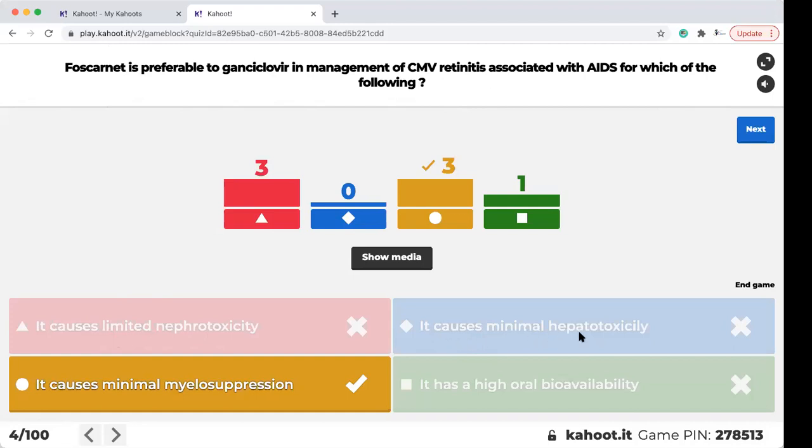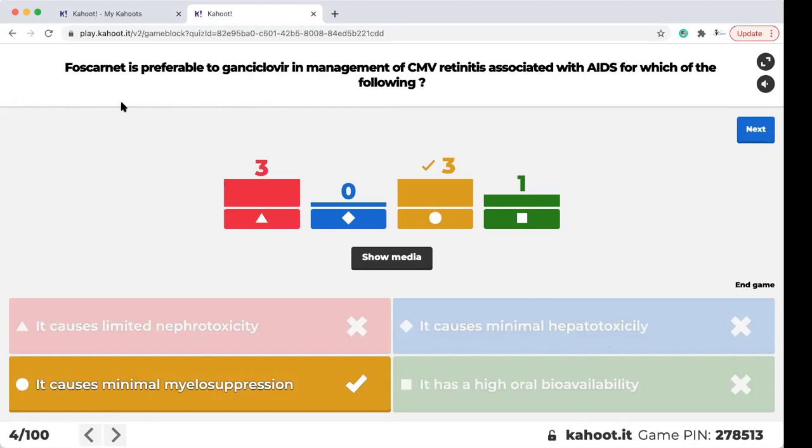It will cause minimal hepatotoxicity? Well, both of them have minimal hepatotoxicity, so it is not an advantage for foscarnet over ganciclovir. It causes minimal myelosuppression? Yes, this is the correct answer.